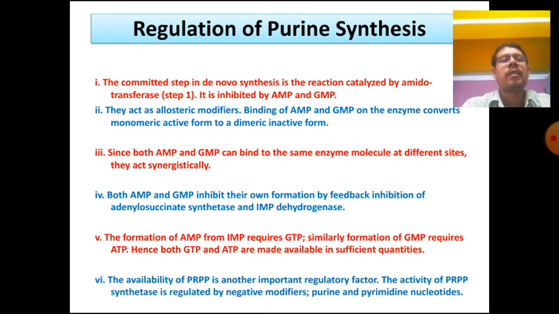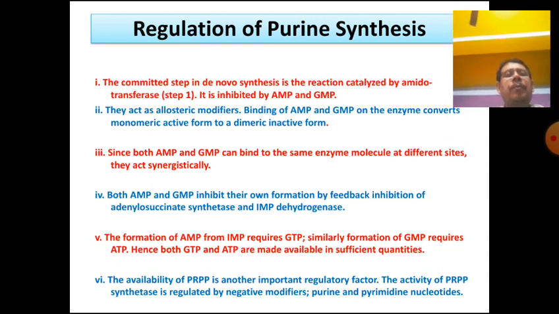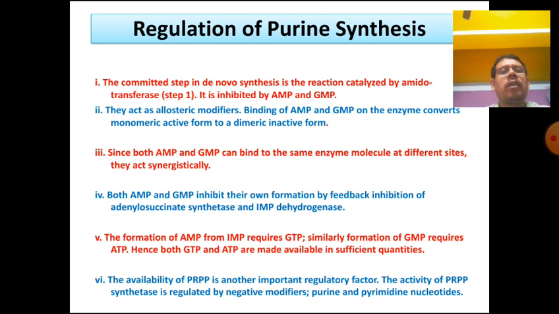Ultimately the step will be inhibited. Both AMP and GMP inhibit their own formation by feedback inhibition, via adenylosuccinate synthase and IMP dehydrogenase. In the formation of AMP from IMP, GTP is required, and similarly the formation of GMP requires ATP. Hence GTP and ATP are made available in sufficient quantity.